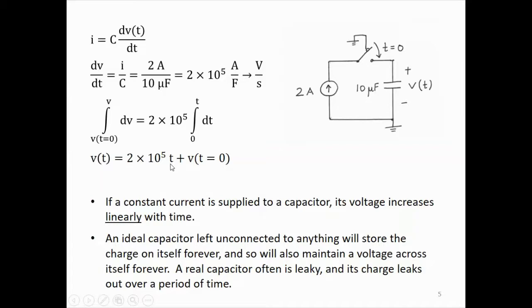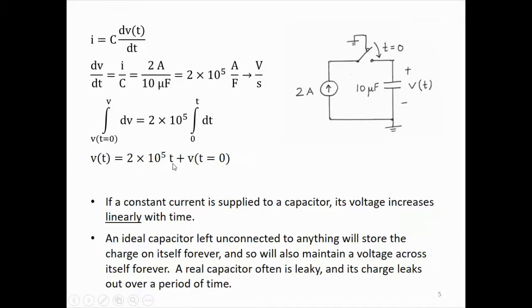I think in the past you have always seen capacitor voltages varying exponentially. And that is why I like to start with this example: if a constant current supplies a capacitor, then the capacitor voltage varies linearly with time. Capacitor voltages will vary in different ways depending on how they are connected in a circuit.